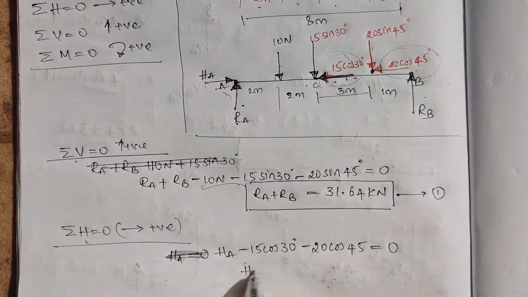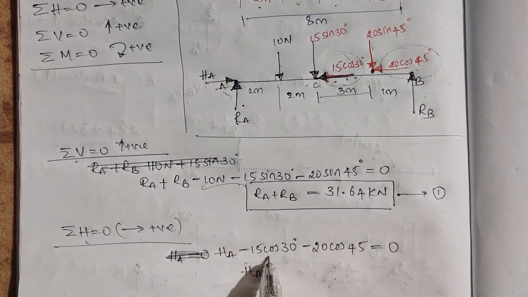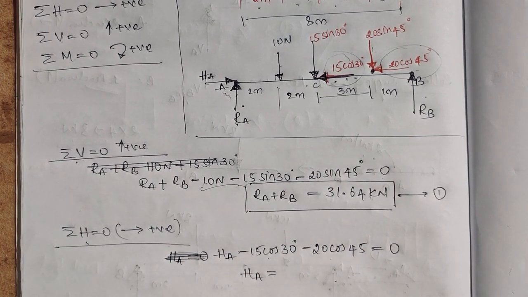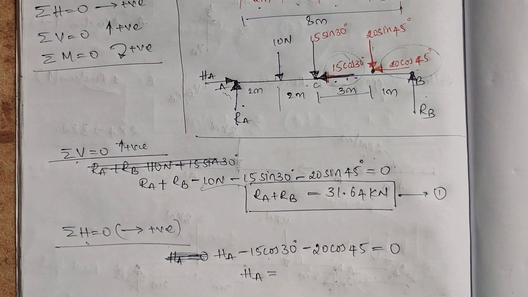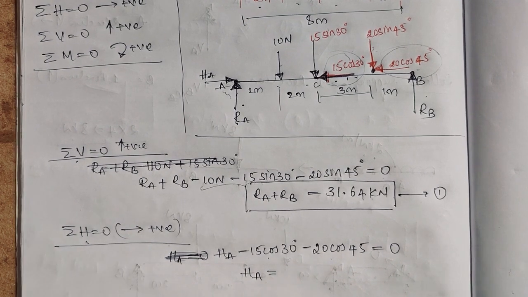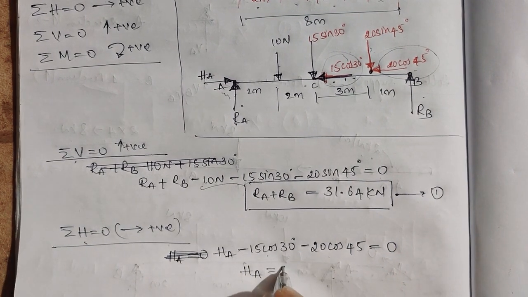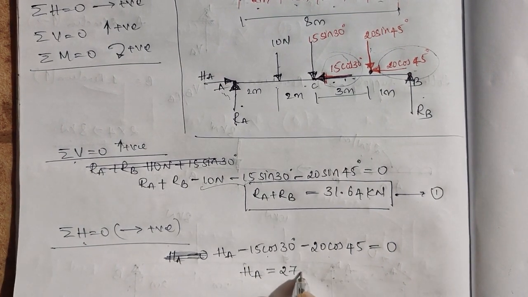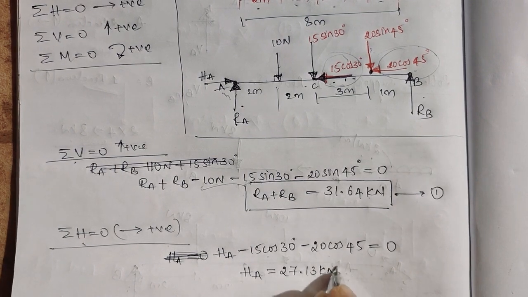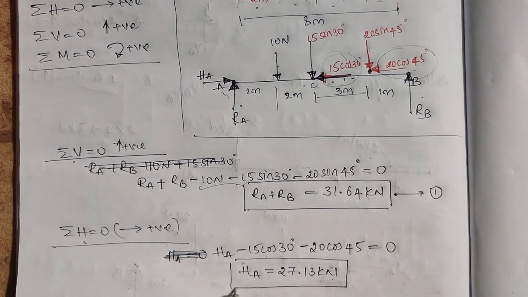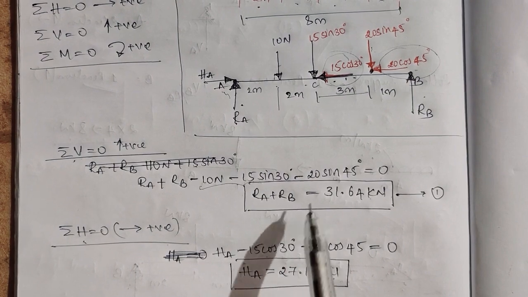So HA is equal to 15 cos 30 plus 20 cos 45, it would be 27.13 kilonewton.